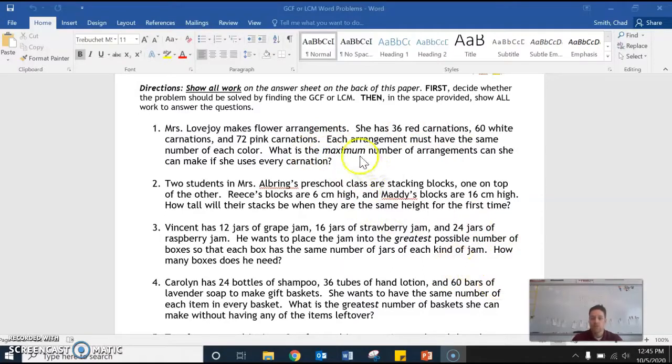All right, so what if we have 36 reds, 60 white, and 72 pink? Let me put this back on the big screen here for us.